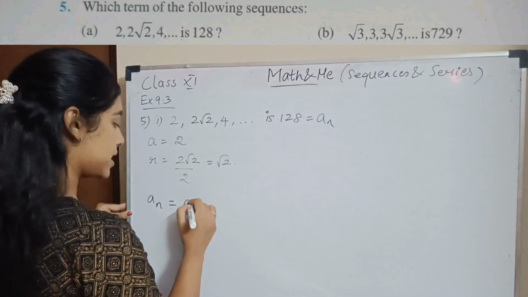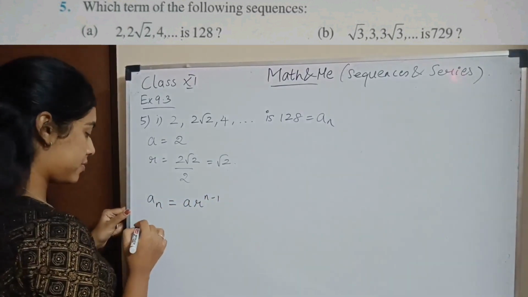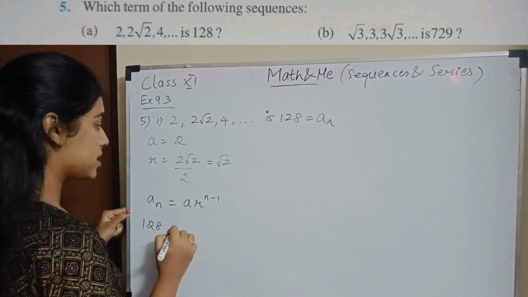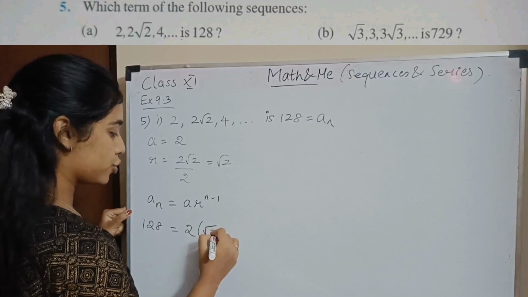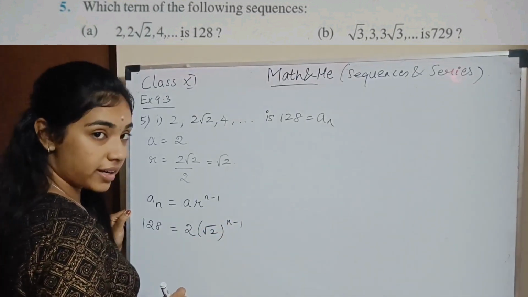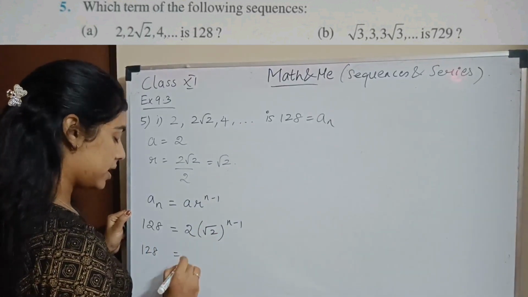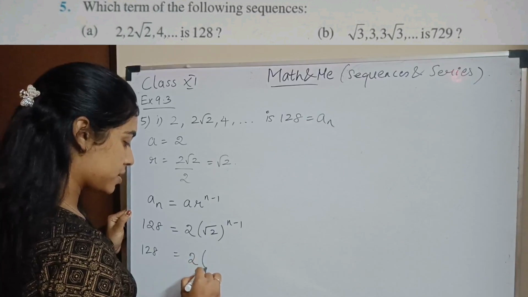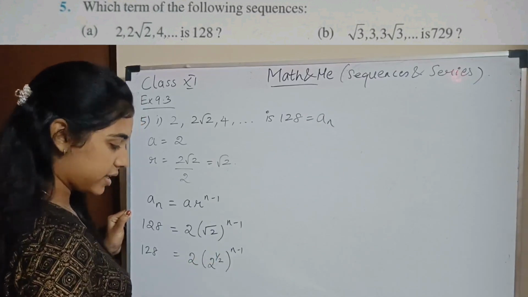AN equals AR to the N minus 1. So substituting what I have, AN as 128 equals A times root 2 to the N minus 1. How can I write root 2? I can write it as 2 to the power half. So I have 128 equals 2 times 2 to the power half, to the power N minus 1.